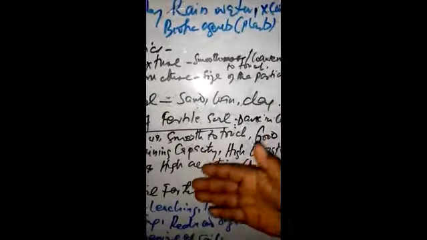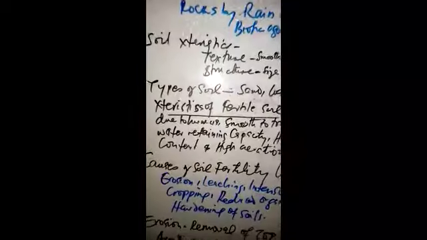We have three major types of soil: sandy, loam, and clay. Some authorities add silt, but the major three are sand, loam, and what? Clay. Oftentimes, we believe in agriculture loam is good for agriculture, but a lot of plants also grow on sand or clay, depending on the nature of the plant.